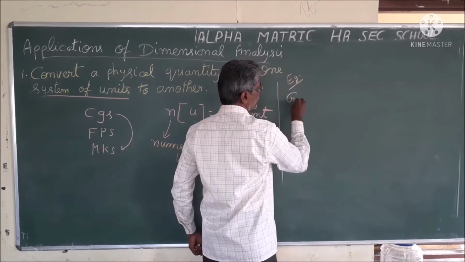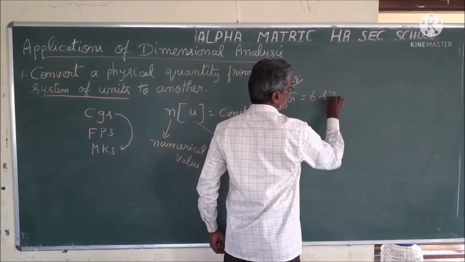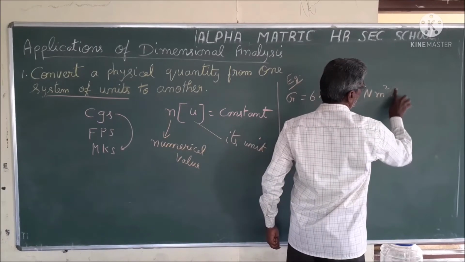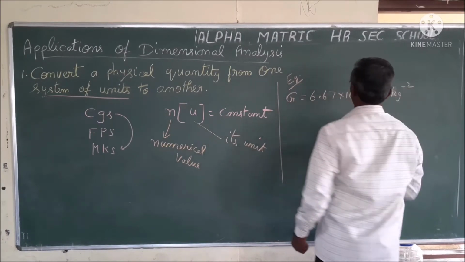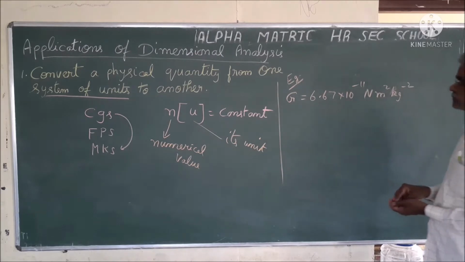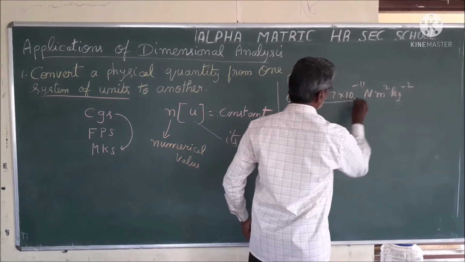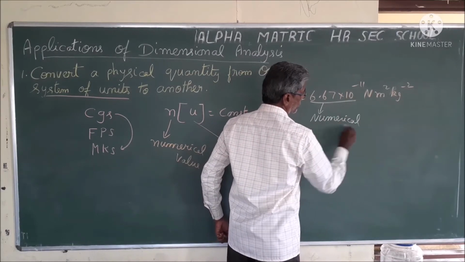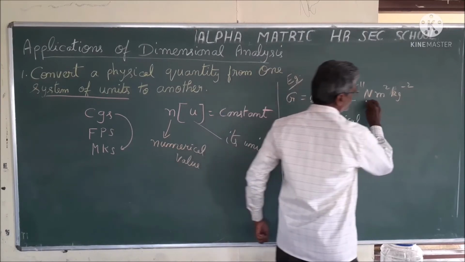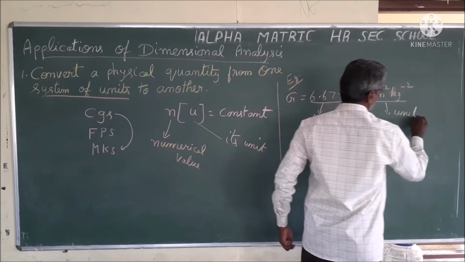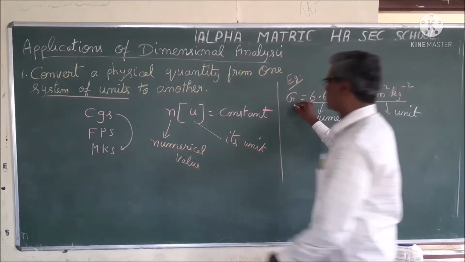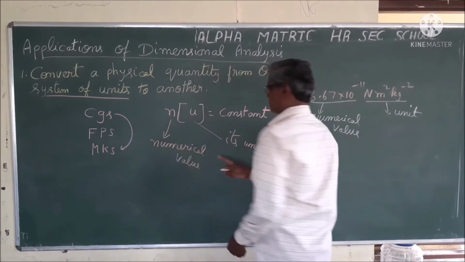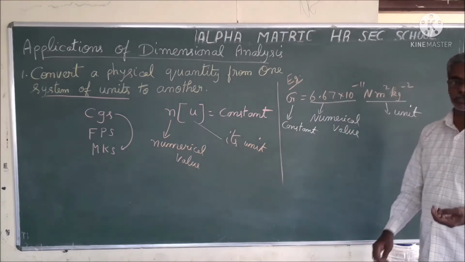Gravitation constant G is equal to 6.67 times 10 power minus 11 newton meter square kilogram minus 2. Here you see, this is the numerical value. This one is the unit. This product will be constant. Understood?